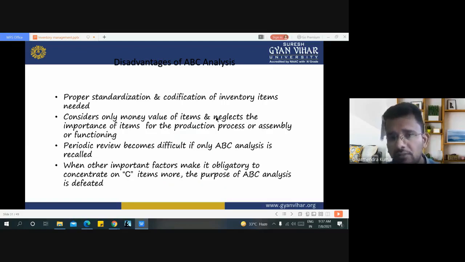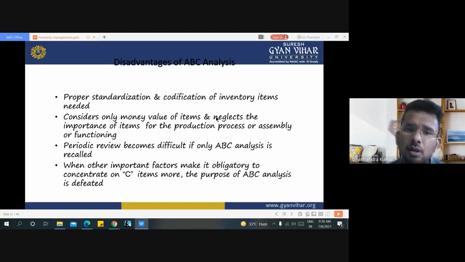It considers only the money value of items and neglects the importance of items for the production process or assembly or functioning, because we have seen that ABC analysis consists of two most important factors: one is size, or the number of components, and the other is the overall pricing, or the percentage of pricing which is consumed to purchase that particular product.